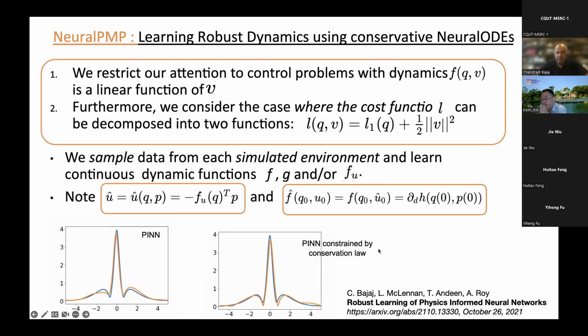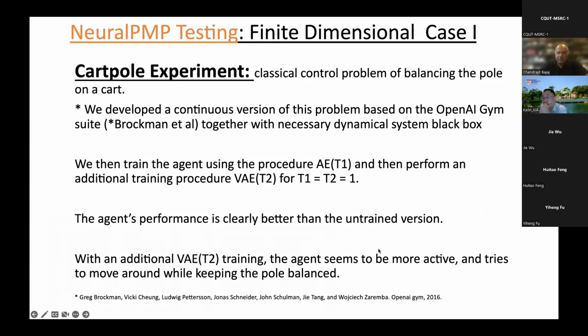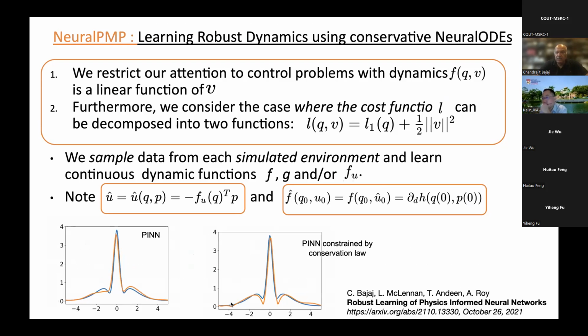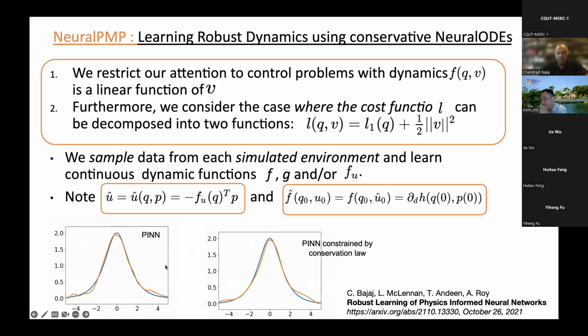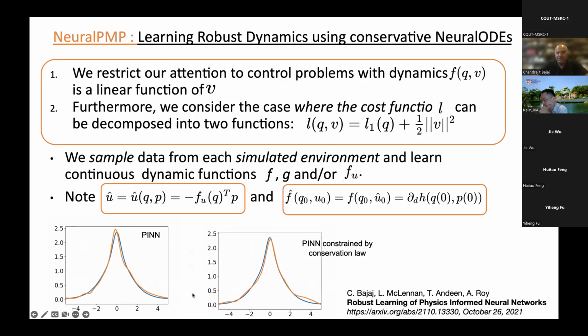And to learn the dynamics, oops, I went too fast. We use some work I've done before with my student Luke and also student Roy, Avik Roy, and Tim and Dean in the physics department of how do you learn dynamics stably.